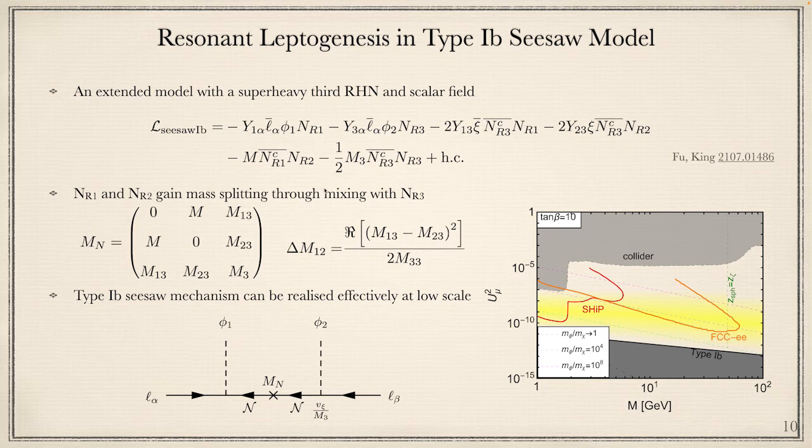Through the mixing with the third right-hand neutrino, the first two right-hand neutrinos can get a mass splitting, and that means apart from the mass splitting, the first two right-hand neutrinos form a pseudo-Dirac pair. And at low scale, the type 1 Seesaw mechanism can be realized from this Lagrangian through this kind of diagram with the effective vertex here.